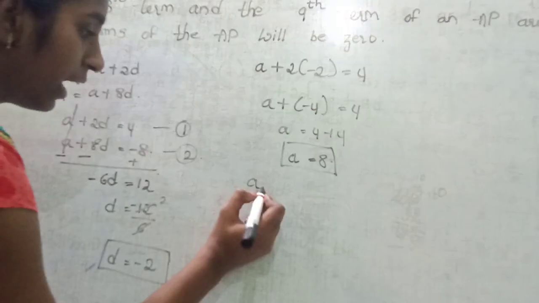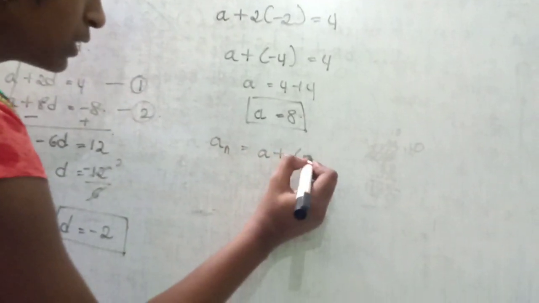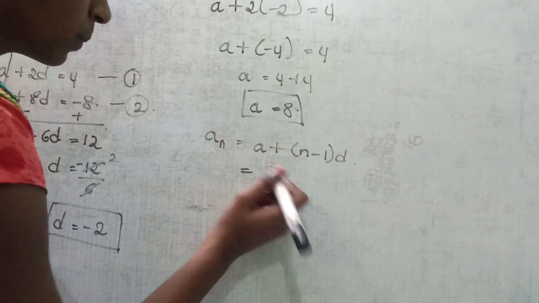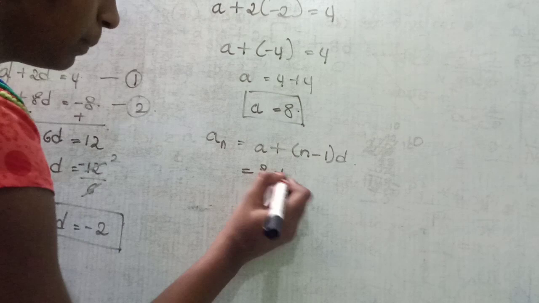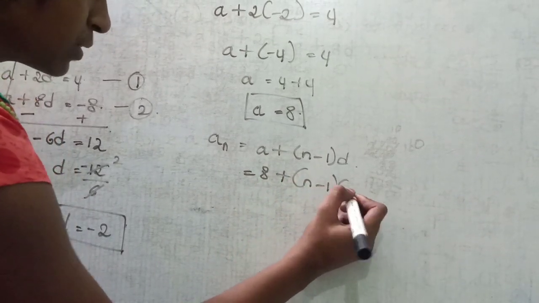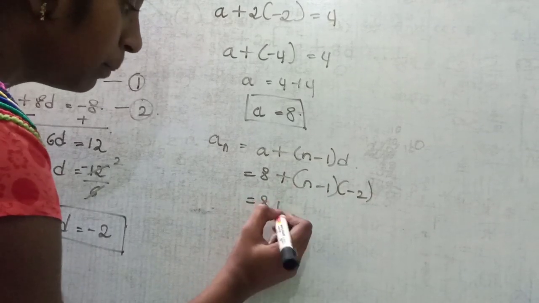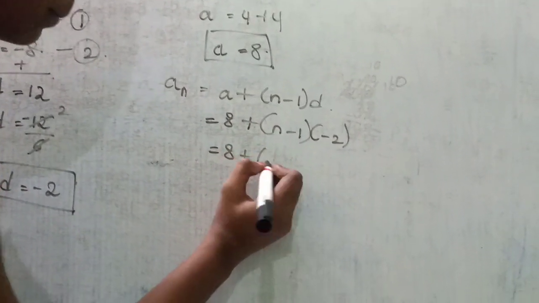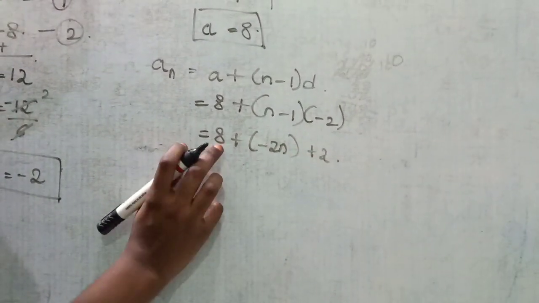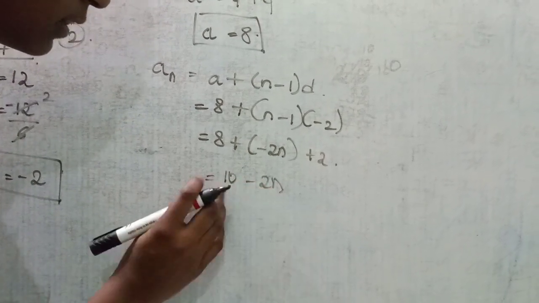Now we should find the nth term. An is equal to A plus n minus 1 into D. A is 8. 8 plus n minus 1 into D, which is minus 2. 8 plus minus 2n plus 2. 8 plus 2, 10. 10 minus 2n.